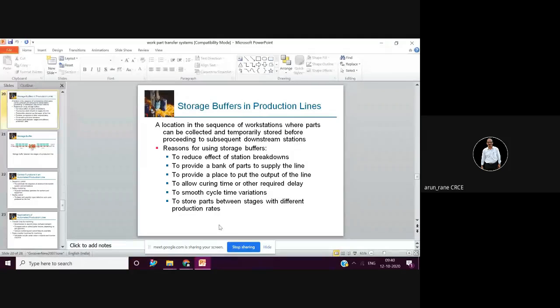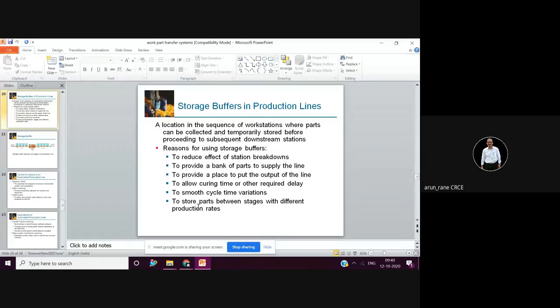And in case it is not possible to avoid, suppose it may happen that in one workstation the time is very less. Say the cycle time, as Shrenik said, is 28 seconds. But suppose in a particular workstation the cycle time is 14 seconds. So half the time he is idle.